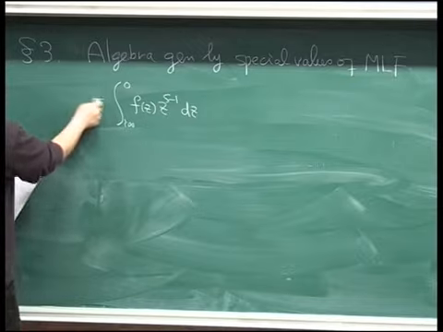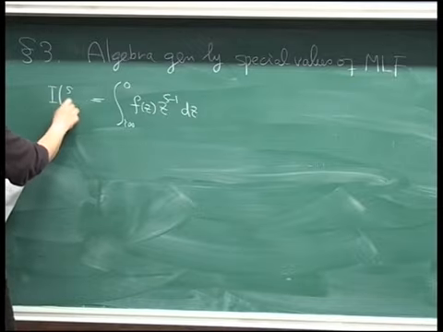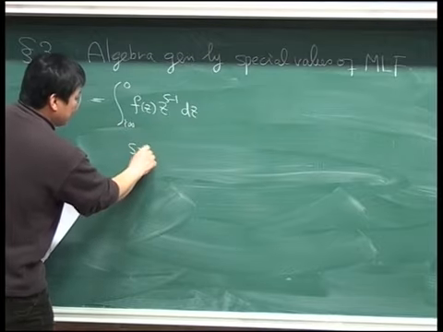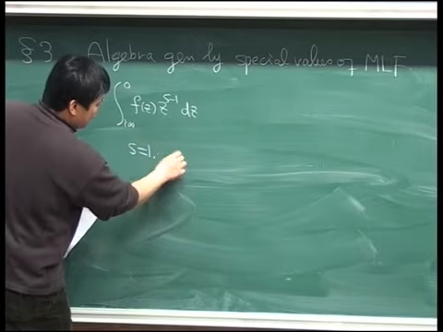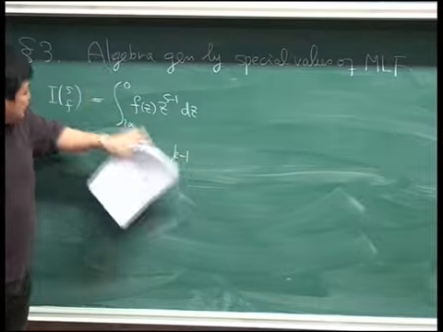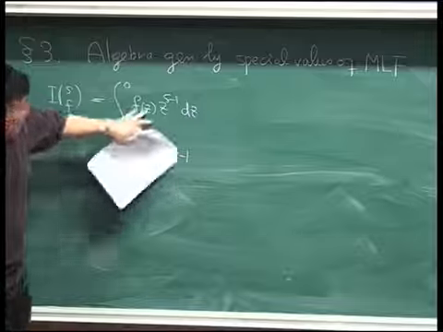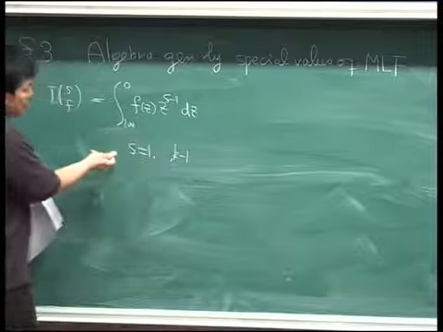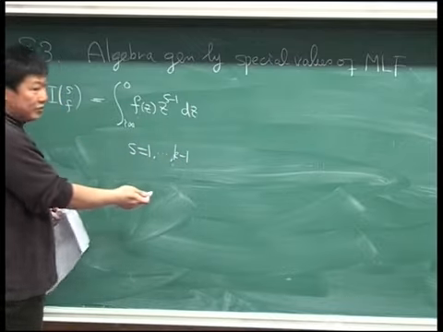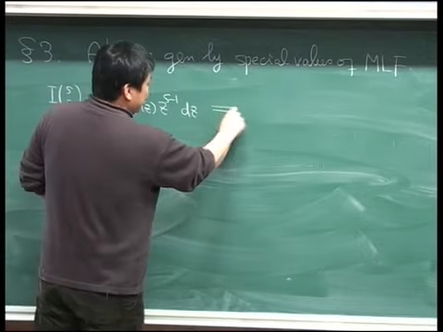In our notation, this was I of f. The special value at s equal 1 to k minus 1, where k is the modular weight of f, is called the critical value of the L function.